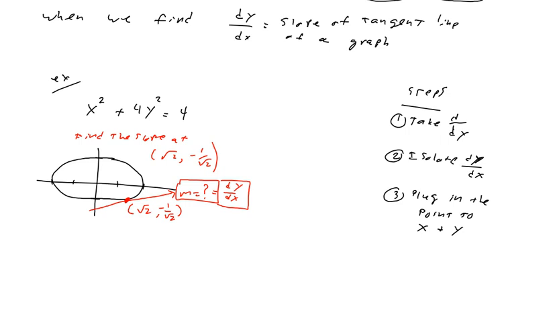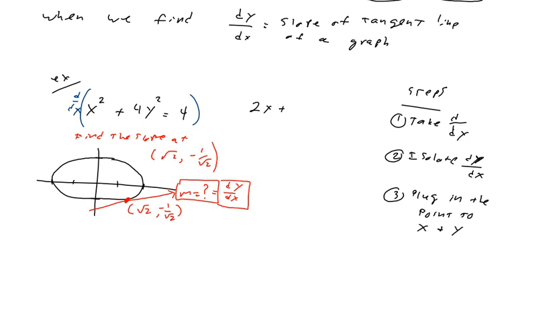So let's give this a try. Let's do the d/dx here. So do my equation, do my derivative. This is going to be 2x plus the derivative of this part here.